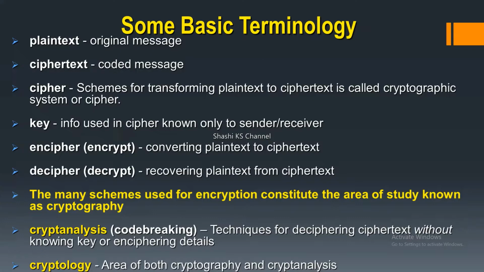But whatever techniques we use, when an analyst tries to decipher the ciphertext without the knowledge of the key, it is called cryptanalysis. So cryptanalysis is code breaking, where without using the key, the analyst tries to find out the plain text from the ciphertext. And you also have cryptology. Cryptology is the area of study of both cryptography as well as cryptanalysis.